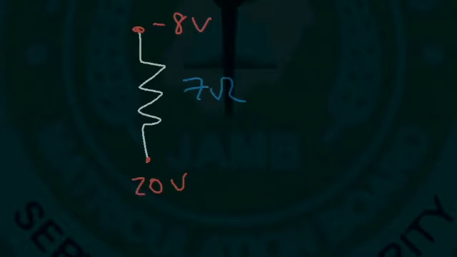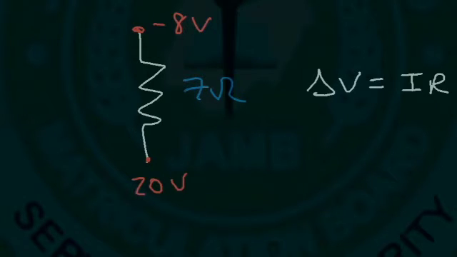Try this example. Let's say there's 20 volts at the bottom and at the top it's negative 8 volts, and we have a 7 ohm resistor. Calculate the current and the direction of the current. So let's find the potential difference.